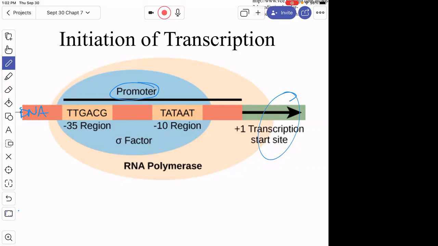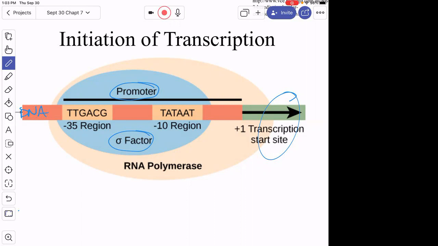Maybe it's going to encode for a protein that isn't needed all that often. There is definitely some regulation that happens there that we'll talk about a little bit later. But this sigma factor is a protein that will associate with the RNA polymerase to help it bind to that promoter.